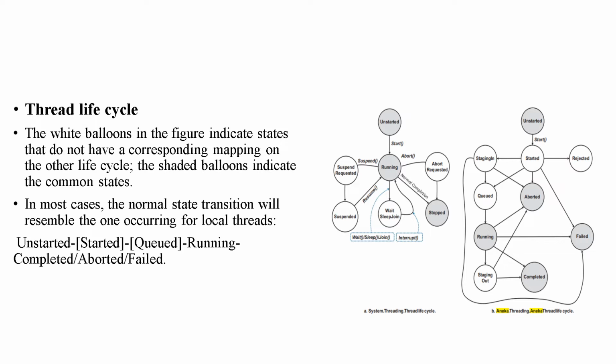The flow is from unstarted to started, started to queued, queued to running, then to completed, aborted, or failed. It starts from unstarted, then moves to started, waits in a queue, and starts running. Once it is done, it will either complete, abort, or fail.